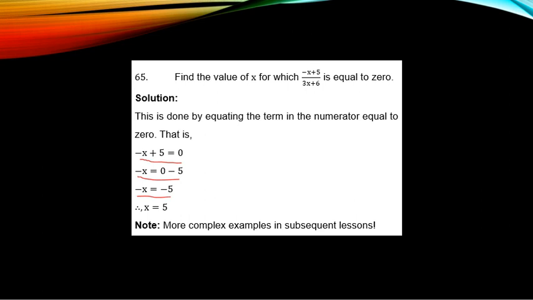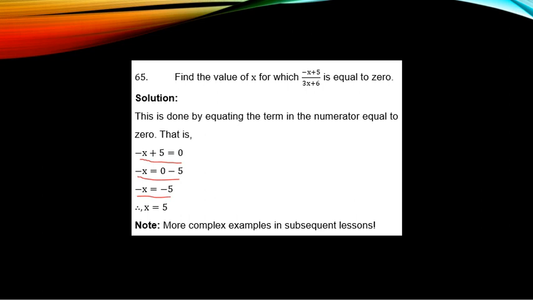So as long as S is equal to 5, the expression will be 0, because if you put 5 in place of S in the expression, you have minus 5 plus 5 all over 3 into 5 plus 6.